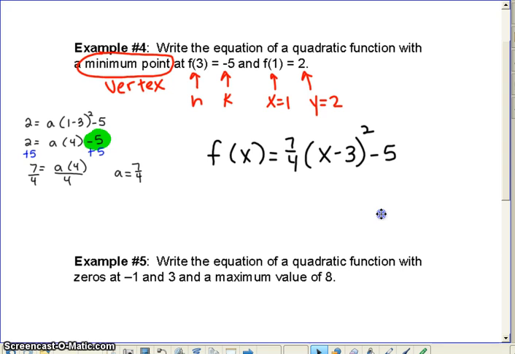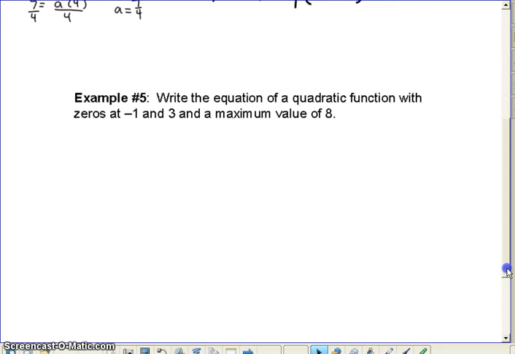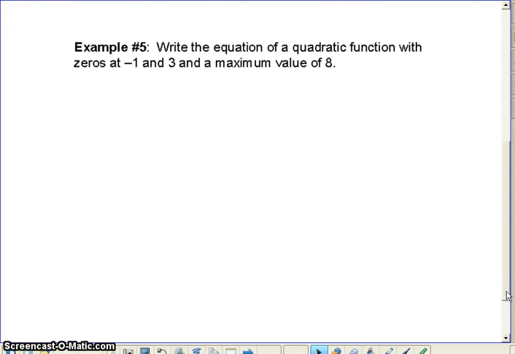Okay, one more example. Example 5. Write the equation of a quadratic function with zeros at negative 1 and 3 and a maximum value of 8. So my maximum value is my vertex.